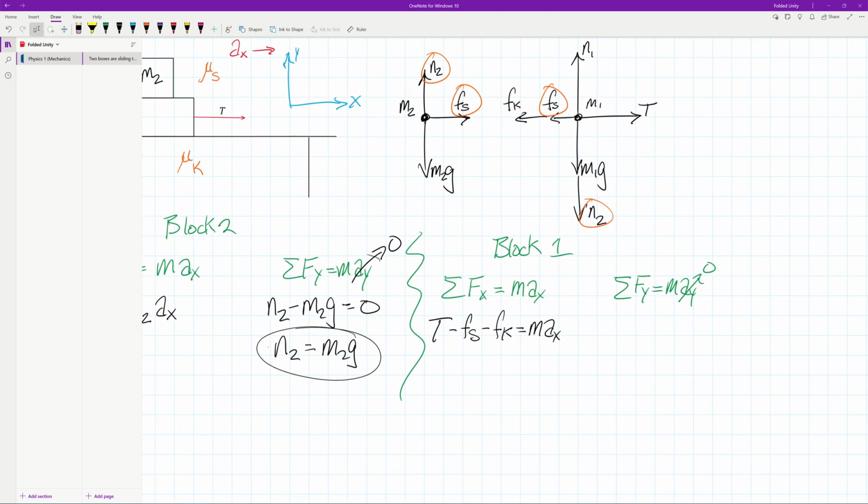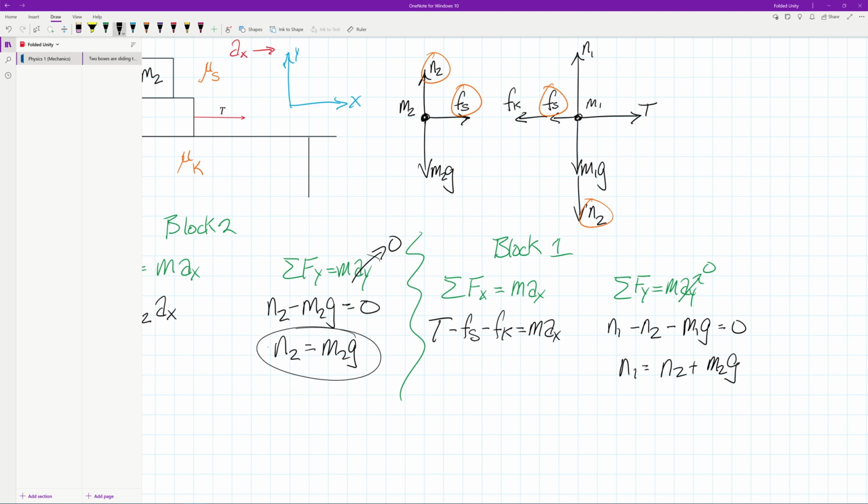All right, how about the y forces? Well, I've got an N1 pointed upward, an N2 pointed downward, and an m1g pointed downward, so those will be minus. This equals 0. Let's carry that a step further, and I'll solve for N1, pulling the N2 and the m1g over to the right side of the equation. And I can actually take it a step further because I already figured out what N2 equals.